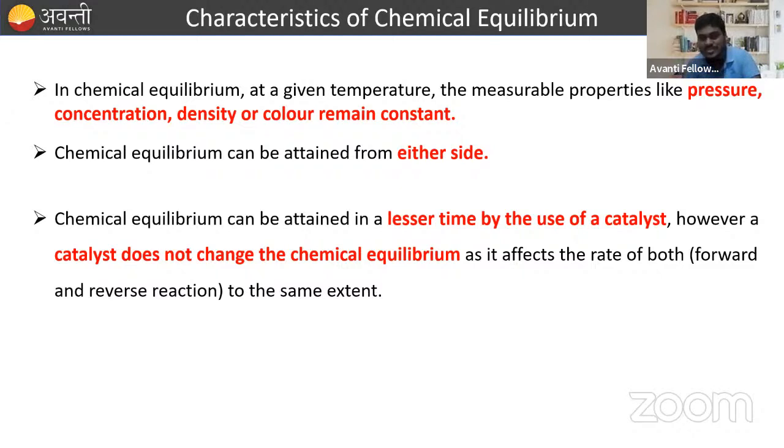However, a catalyst does not change the chemical equilibrium as it affects the rate of both the forward and the reverse reaction to the same extent, right? So remember this, if someone asks, does a catalyst have any effect on the chemical equilibrium? You can say that no, a catalyst does not change the chemical equilibrium because it affects the rate of both forward reaction and reverse reaction to the same extent. So you can remember that.